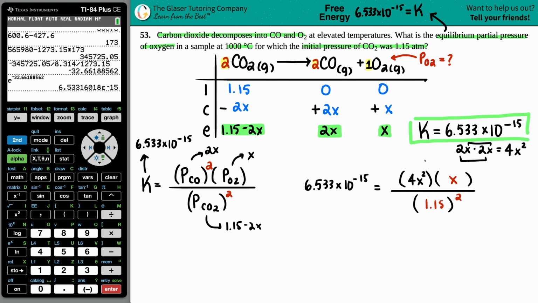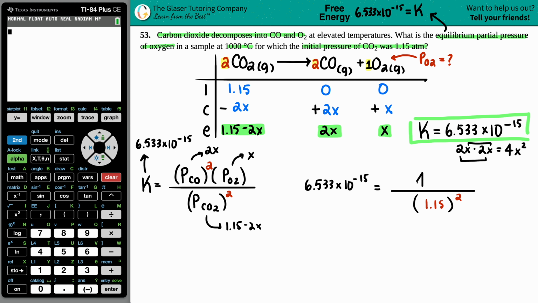X squared times x is just 4x cubed. So now we have 4x cubed. And now what we can do is we could basically just cross multiply, right? I could take the 6.533 times 10 to the negative 15th, and I can times it with the denominator, right? The 1.15 squared. So let's go for that.